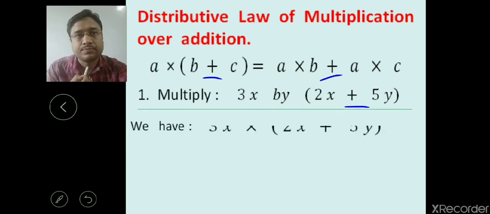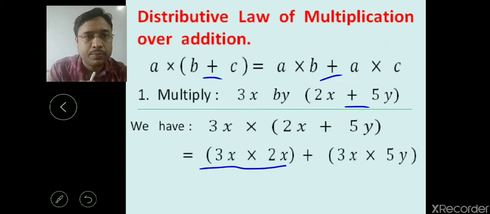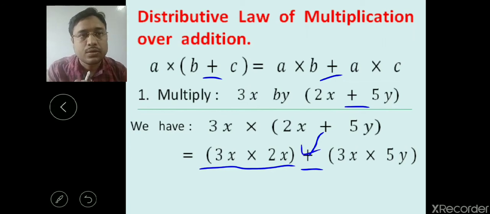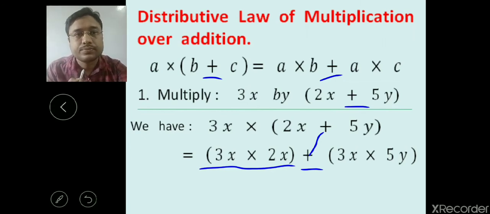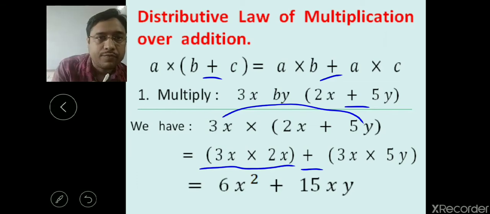So this way you will do that. We have 3x into 2x plus 5y is equal to 3x into 2x, written in one bracket, and then you will give the plus, that same plus sign, and then 3x into 5y.